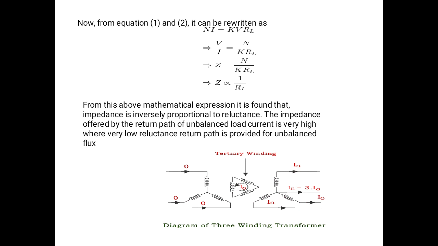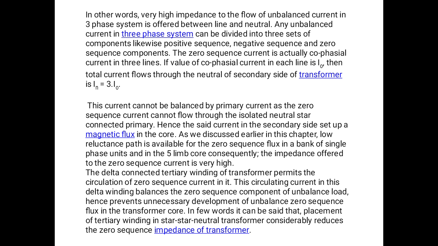If there are harmonics in the transformer winding or the transformer core, the harmonic current flows in the tertiary winding only. It does not affect the output of the system. In other words, very high impedance to the flow of unbalanced current in a three-phase system is offered between line and neutral.